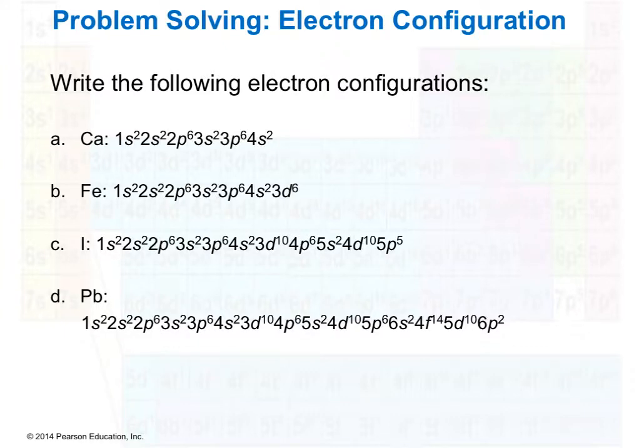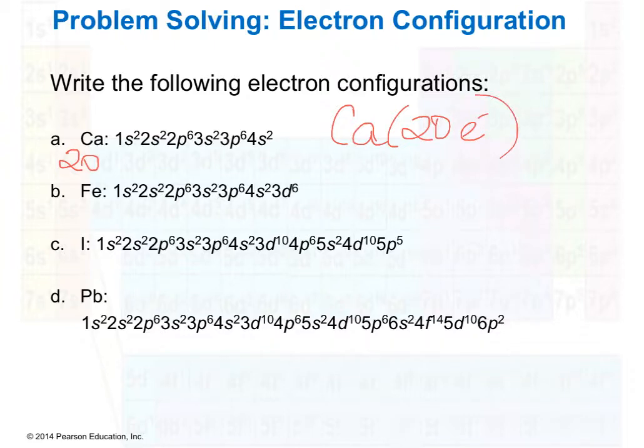Alrighty, so let's briefly go over these. Calcium has 20 electrons. You would look on the periodic table and find that calcium has an atomic number of 20, which means it has 20 protons, and all elements are neutral unless you're told otherwise, which means calcium also has 20 electrons in its neutral state.